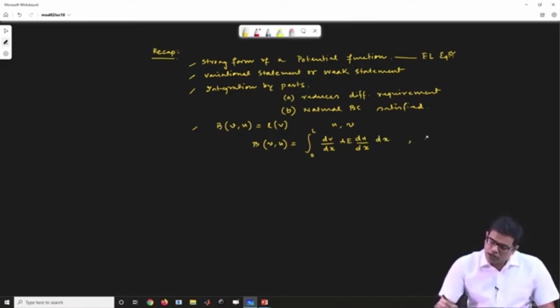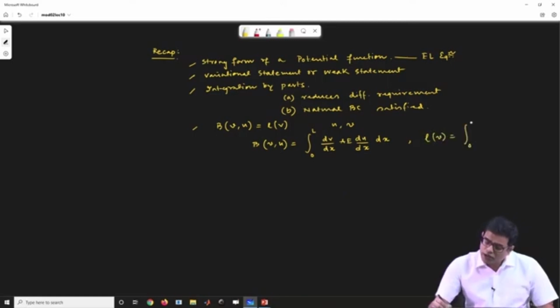Similarly the linear form is integral 0 to L of Q0 V dx, if there is a distributed load Q0, plus the boundary term V of L into P0.